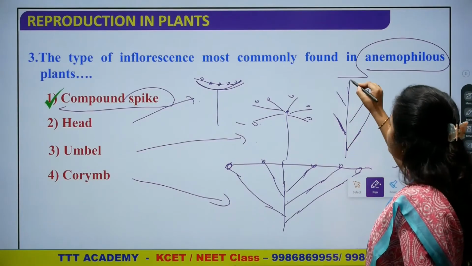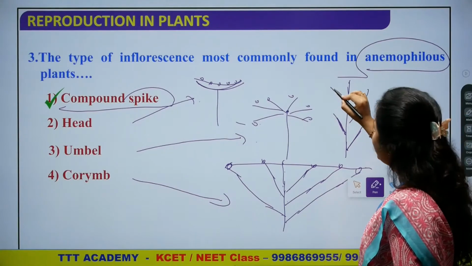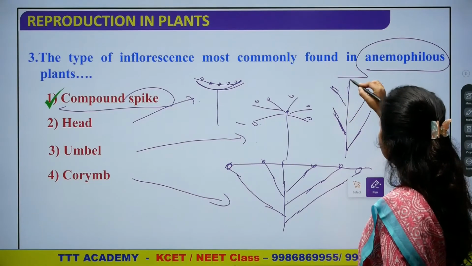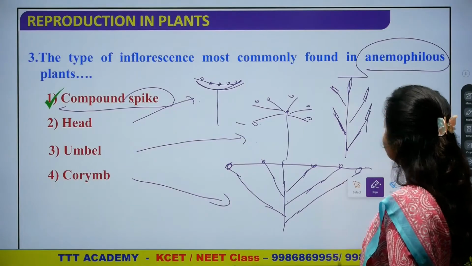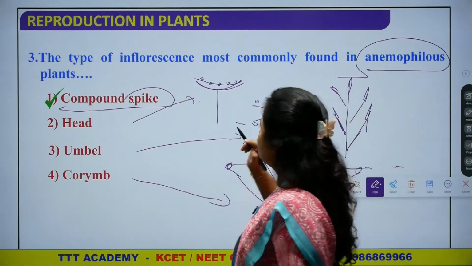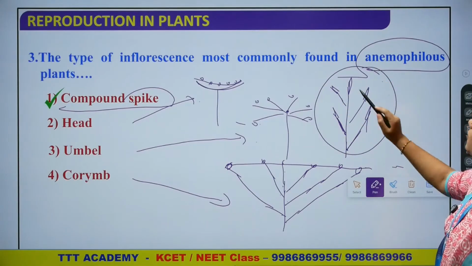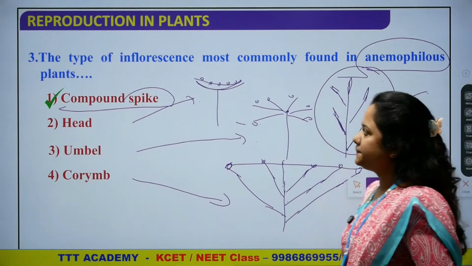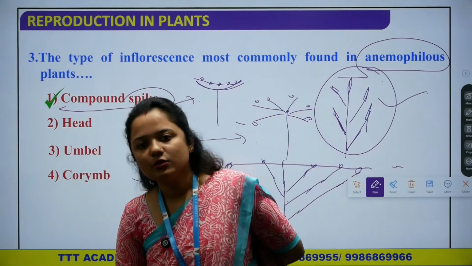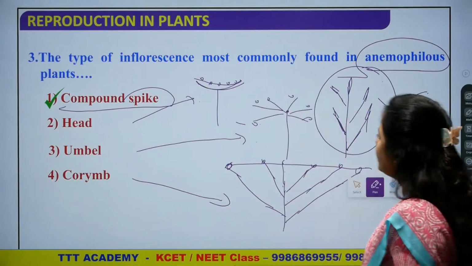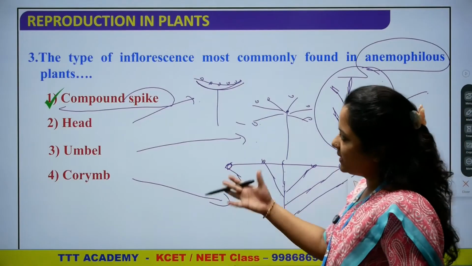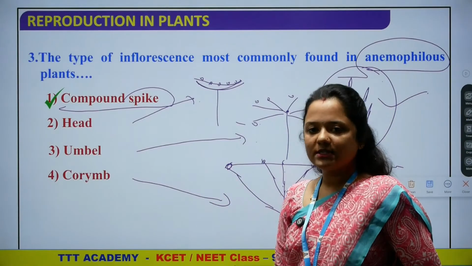So here we can find the spikelet arrangement. This is the compound spikelet arrangement. So in anemophilous plants we can find this type of inflorescence arrangement. All right, did you get it? Okay, so with that we have understood the different types of inflorescence arrangement.